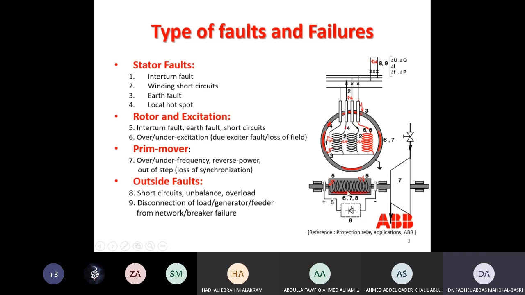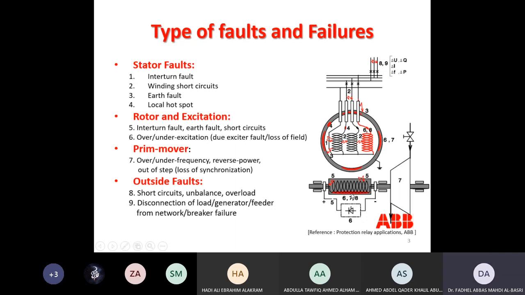We have also rotor and excitation faults. We could have turn-to-turn faults in the rotor winding, or faults between the rotor winding, the field winding, and the core of the rotor.